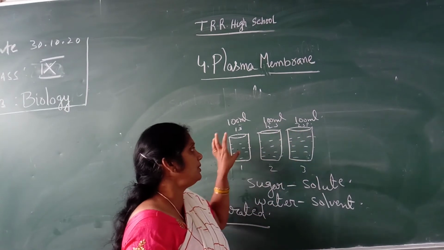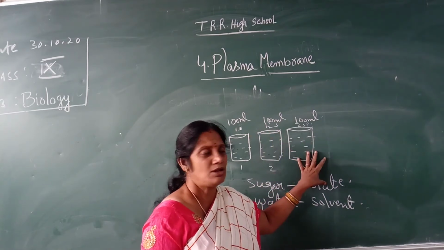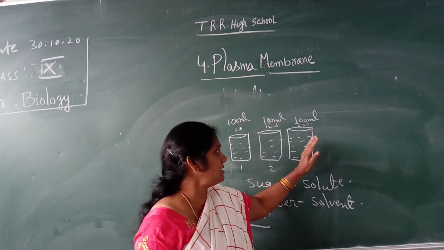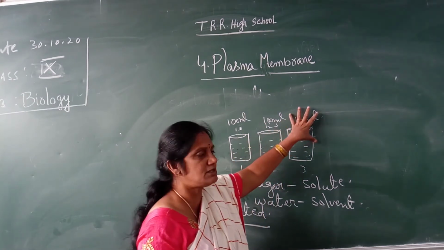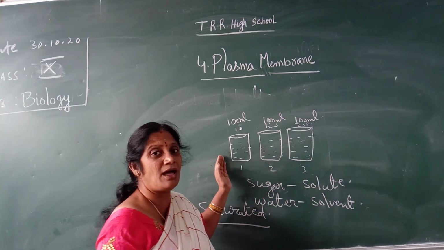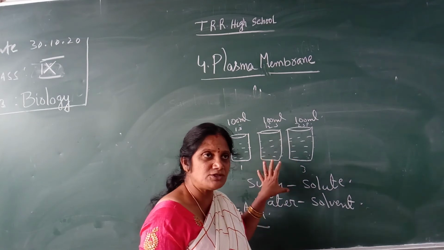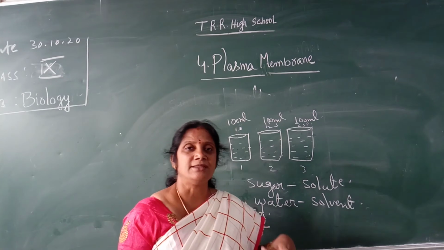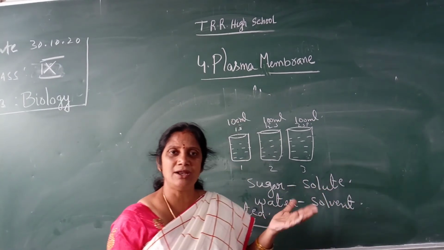To make it less saturated, what do we have to do? We have to add more water. If we add 200 ml of water to this, the water concentration will be more, and the sugar concentration will become less. So when the solute concentration is more and the solvent concentration is less, it is called a saturated or concentrated solution.